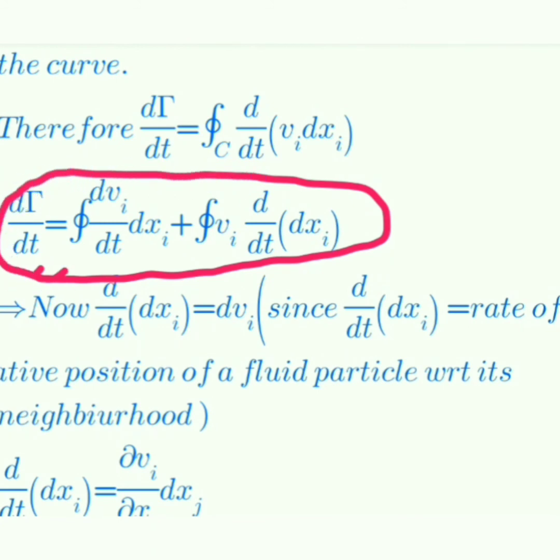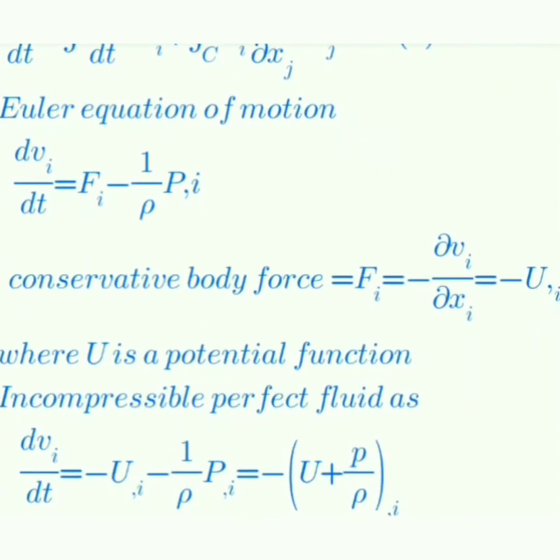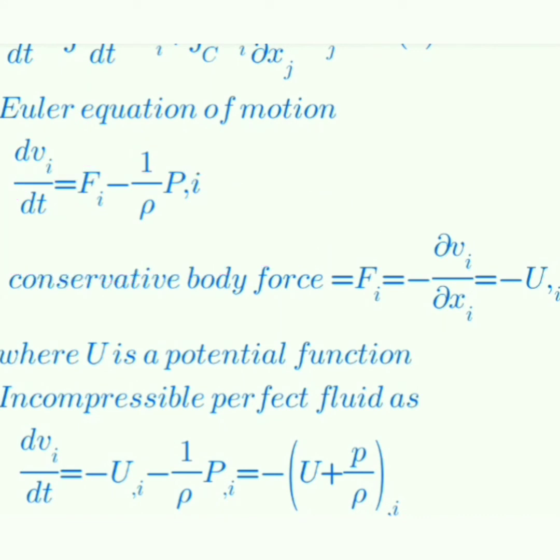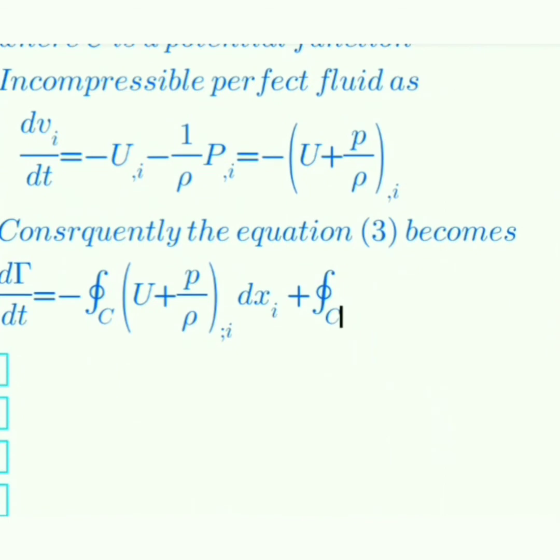You see that dvi by dt equals to, we say, U plus P by rho comma I. You see that formula, so that's why I am just putting this value, and after that I put this value.